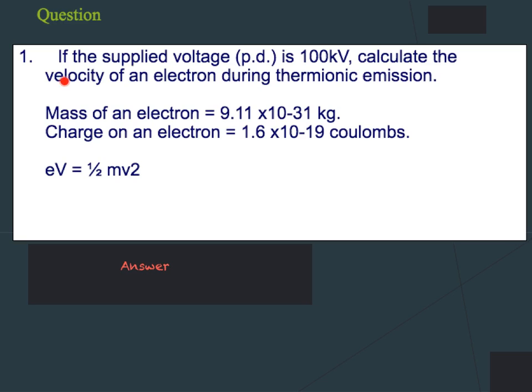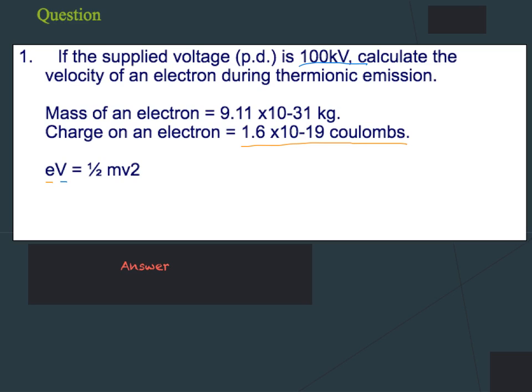It's now asking for the velocity of the electron during the thermionic emission, and we have the mass and the charge. So once again, we have the charge, which is 1.6 times 10 to the minus 19. This is going to be E. This time we also have our 100 kilovolts, which is our voltage, which is V.